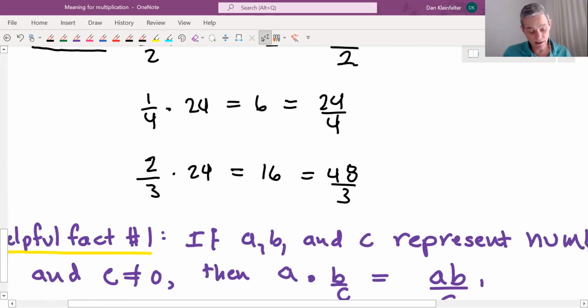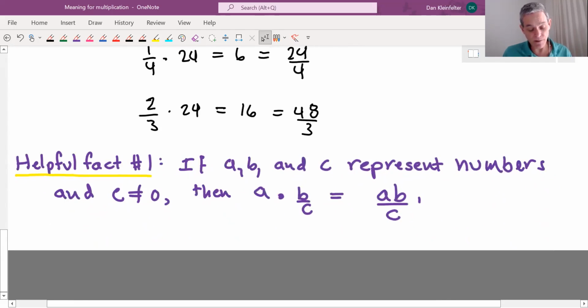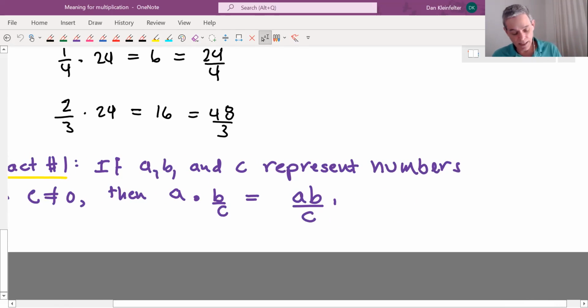It turns out that we can think of that pattern in general, and here I'm going to use letters to stand for numbers, just to illustrate the pattern. I'm going to call this helpful fact number 1. If A, B, and C represent any numbers you like, as long as C is not equal to 0, then if you multiply the whole number A times the fraction B over C, you would get the same as A times B, all over C. Here's another little example.